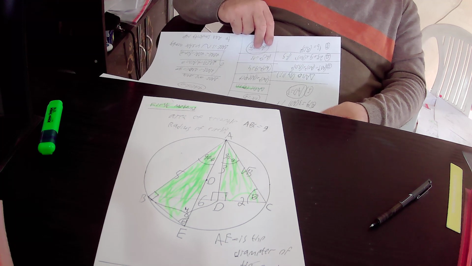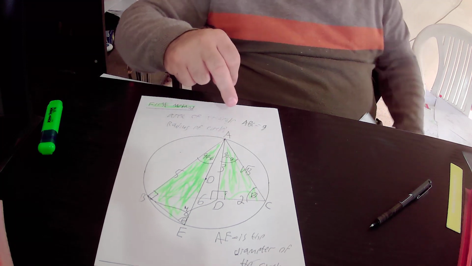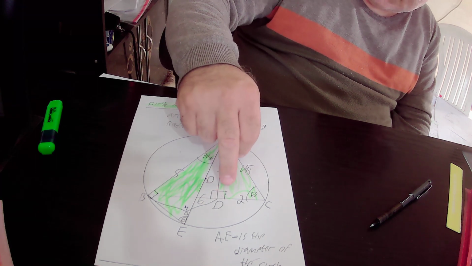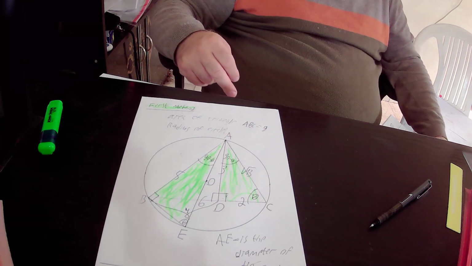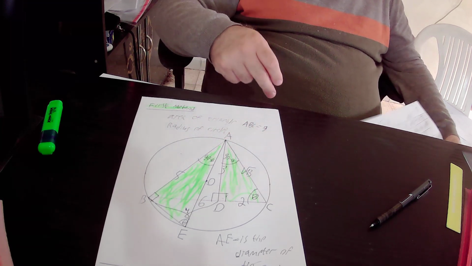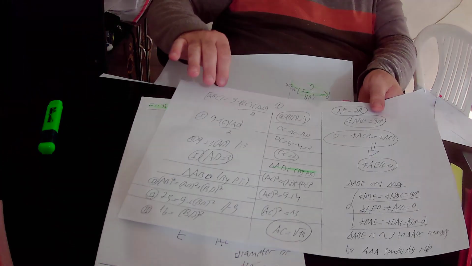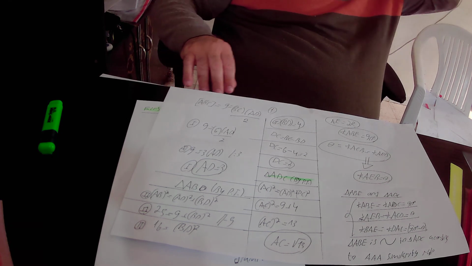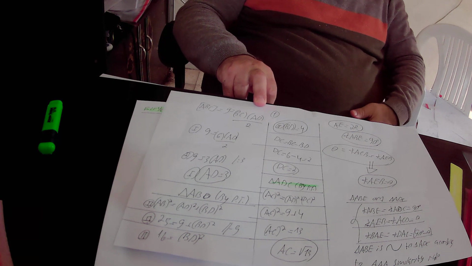Okay, so first of all, from point A we draw a perpendicular on BC, so this angle equals 90 degrees and this angle equals 90 degrees according to our construction. And we know that the area of triangle ABC equals 9 square units. So the area equals the base BC times the height AD over 2.